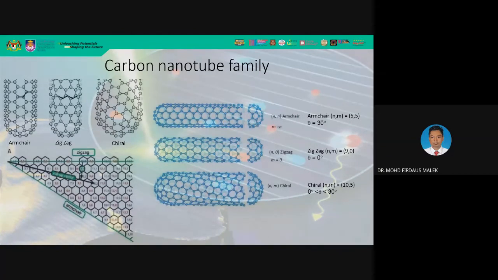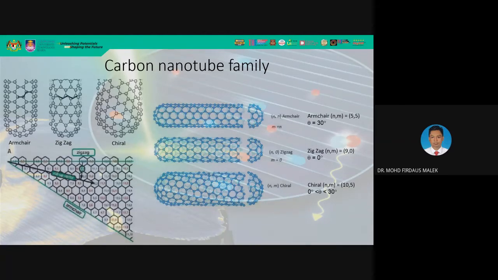Because carbon has an electronegativity rating in the middle of the range, it can form stable covalent bonds with a large number of elements. So it is possible to combine carbon nanotubes with other materials.